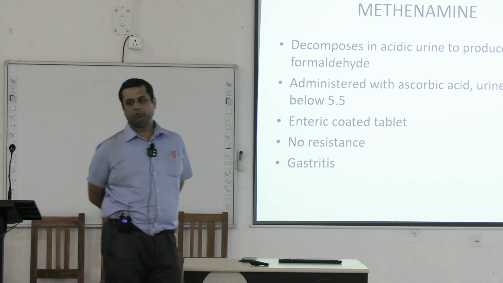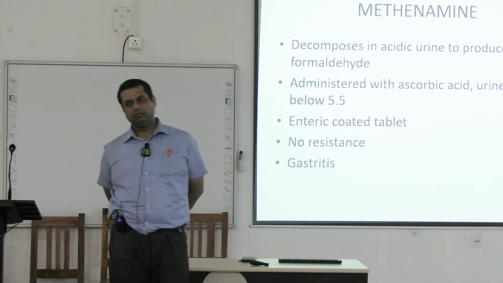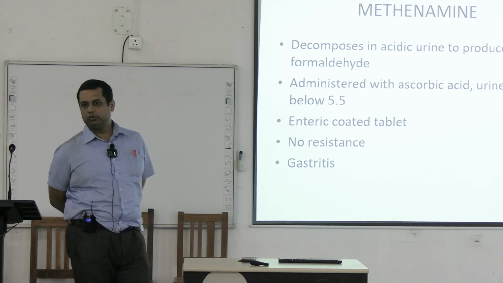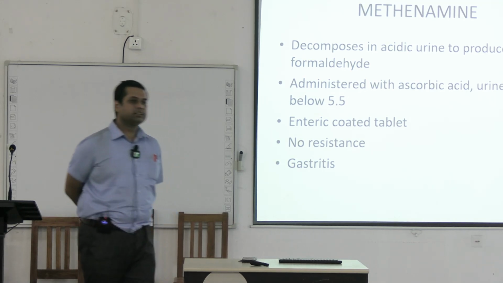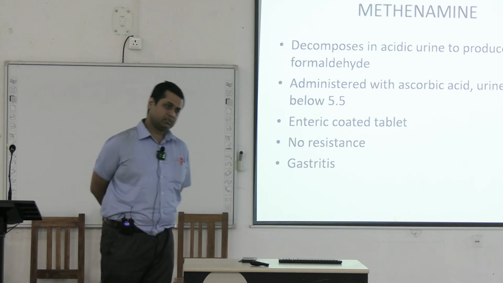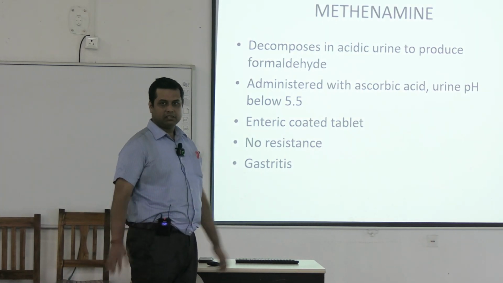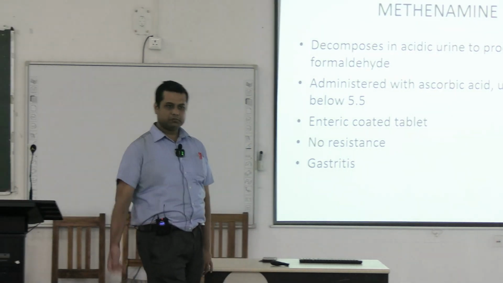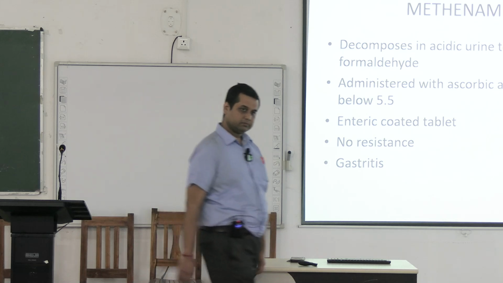So, we have to bypass the stomach and then get absorbed and act in the urinary system. Gastritis. Why gastritis? Acidic medium, it will be converted into formaldehyde. Maybe some spillover that will lead to gastritis.